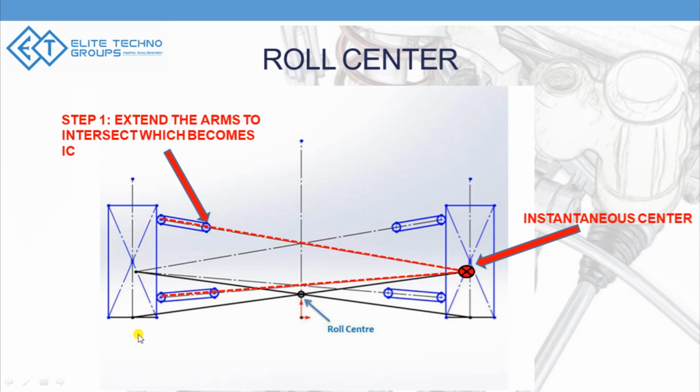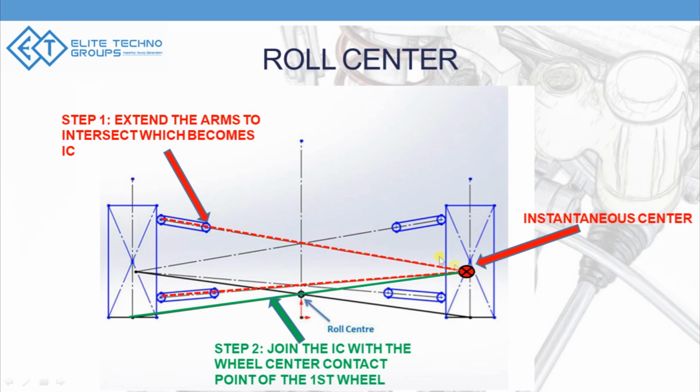So it's very important for you to know how to calculate the instantaneous center about which your wheel rotates, and this is exactly how you calculate it. Once you have found the instantaneous center, you connect it to the wheel's center point, the wheel vertical axis center point.